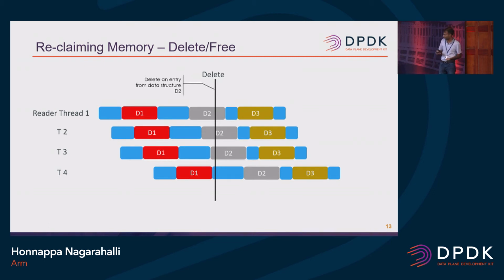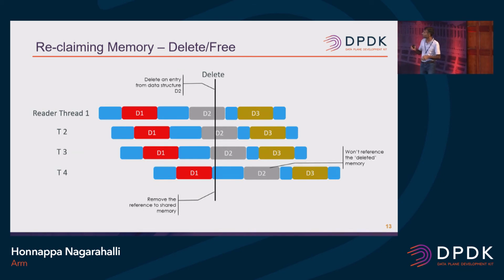So when can we free it? As I said, at delete, you can remove the reference to that entry, but you can't free it. We can also see that once the delete happens, other threads can go into that data structure, but they will not find a reference to that deleted entry.